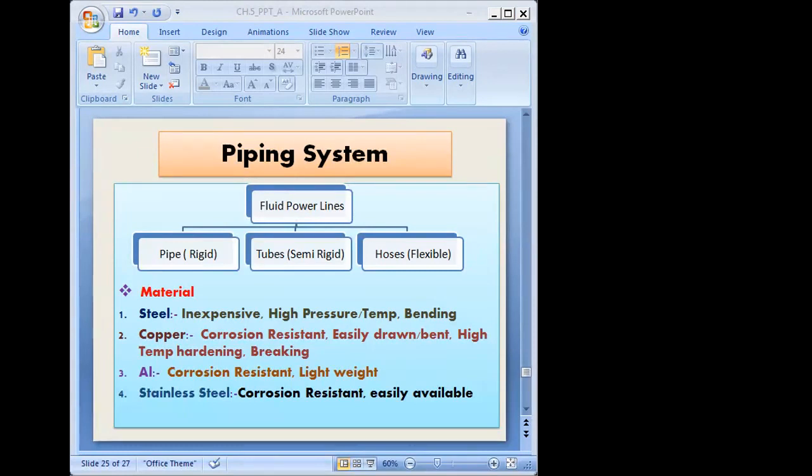Seamless steel pipes, as per the standard, are used for rigid and permanent connections in various construction purposes also. And the material, the inner diameter, and the wall thickness are the three primary considerations in the selection of the fluid lines for a particular fluid power system.